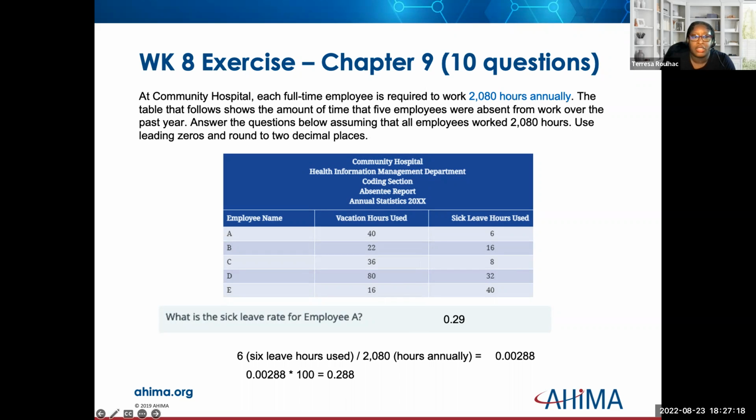Remember, we are using leading zero and rounding to 2 decimal places. This 8 rounds up to give you 0.29. Okay, just leave that up for a little bit so you can see where this came from.